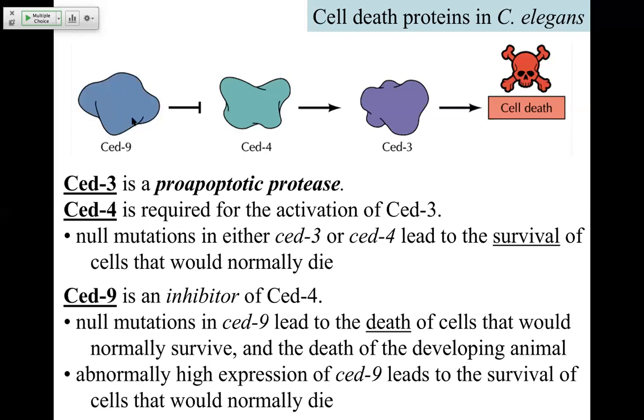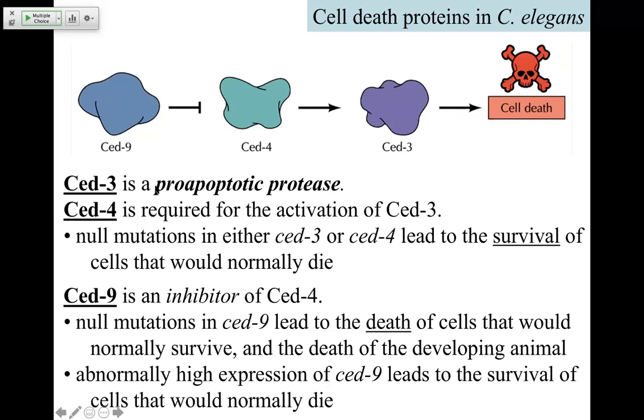So a mutation in CED9 would lead to cell death. The absence of the inhibitor allows CED4 to activate CED3, which results in cell death. The counter to that is a mutation that results in overexpression of CED9 or overactivation. So excessive inhibition by CED9 leads to survival of cells that would normally die. Right?